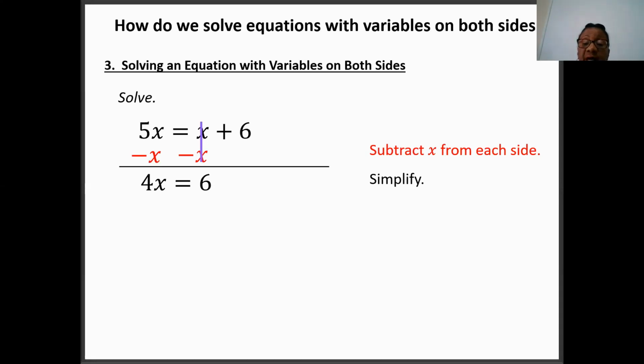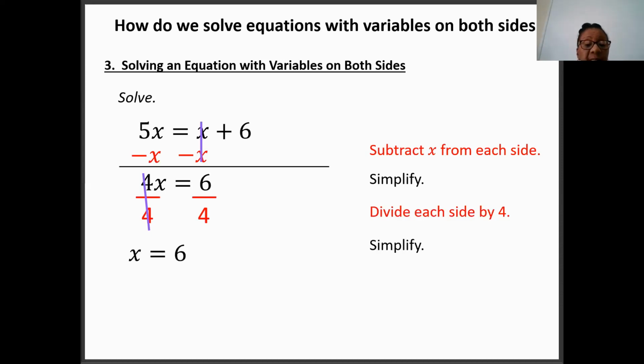We should divide each side by 4. When we divide each side by 4, our working should look like this. And so when we simplify, what happens? The 4 is canceled out and x is equal to 6 divided by 4.